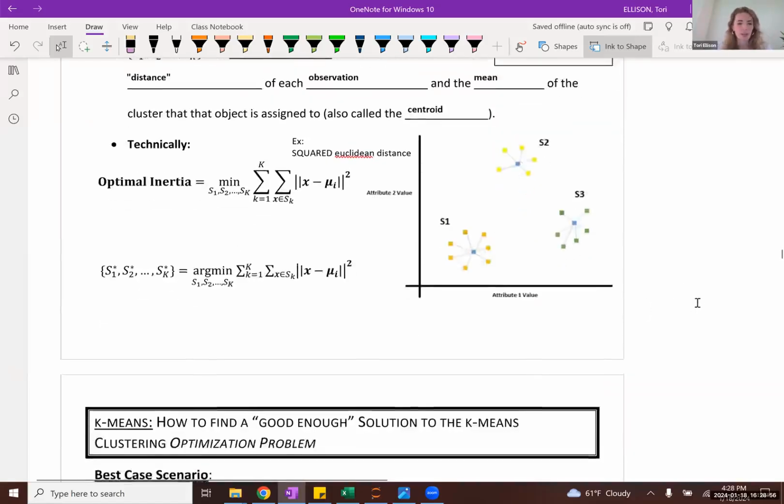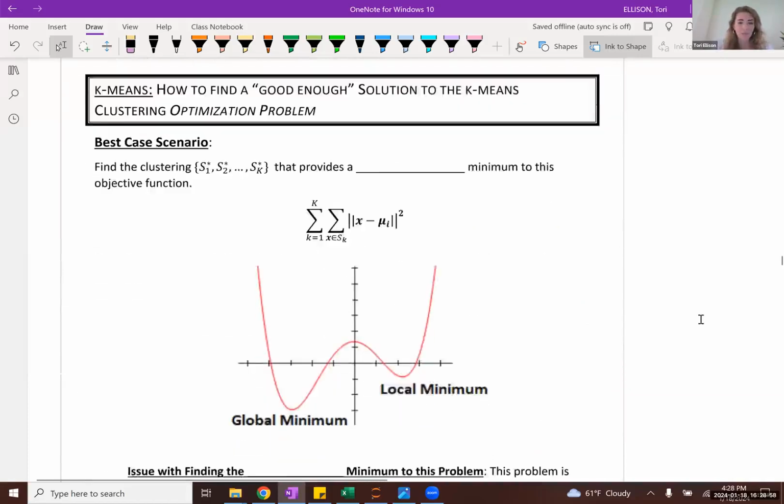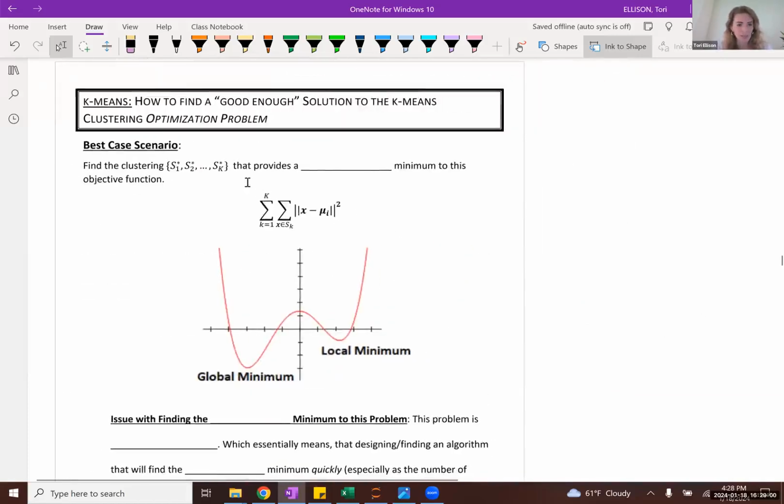All right. And so, given that this is an optimization problem, we are trying to find the minimum inertia out of all possible clusterings with k clusters that we can make. The best case scenario is that we are able to find the clustering that is a global minimum to this problem.